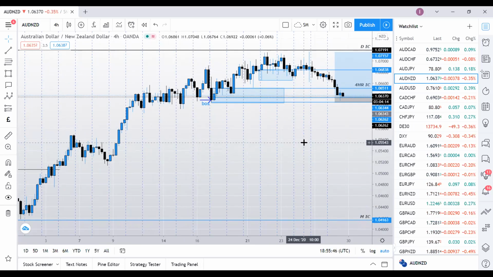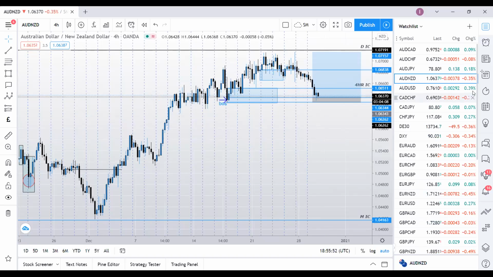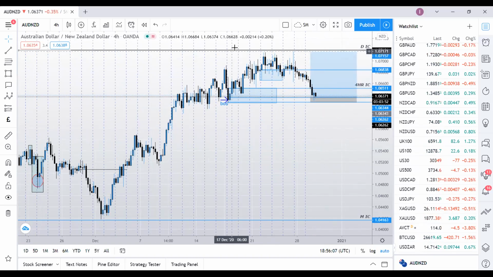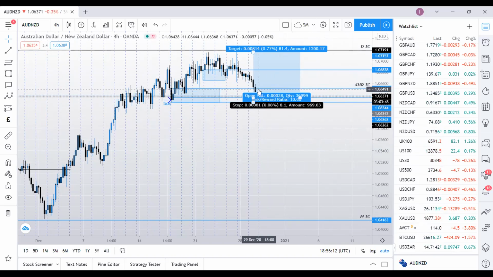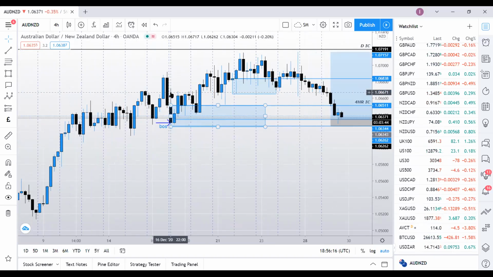So having identified the higher low, then what? Sorry, I don't understand your question. What we should focus on is identifying the higher low. So after identifying the higher low, what was the next step? You mark the institutional candle, which in this case was this one.